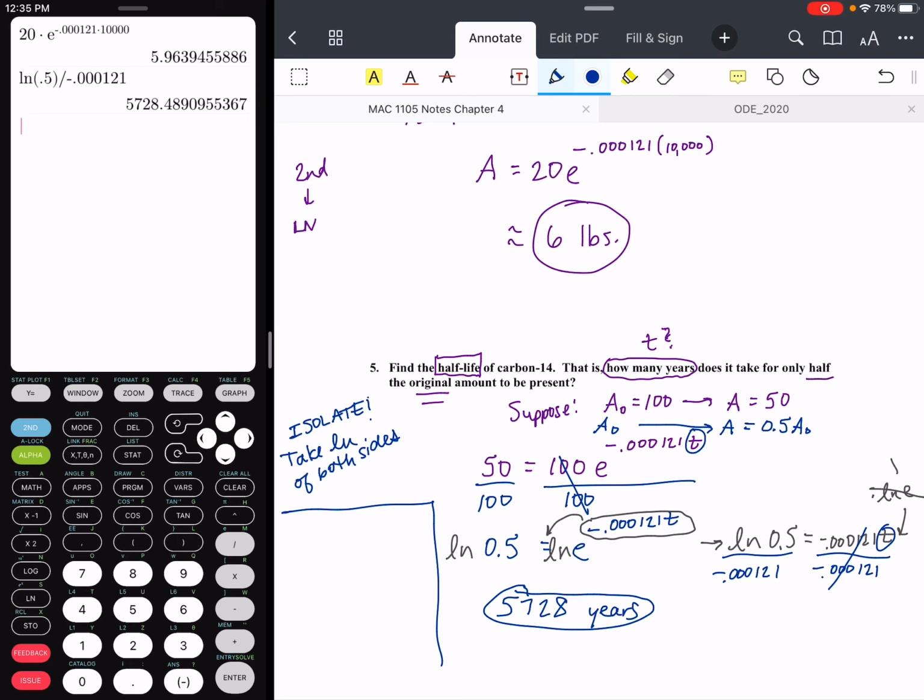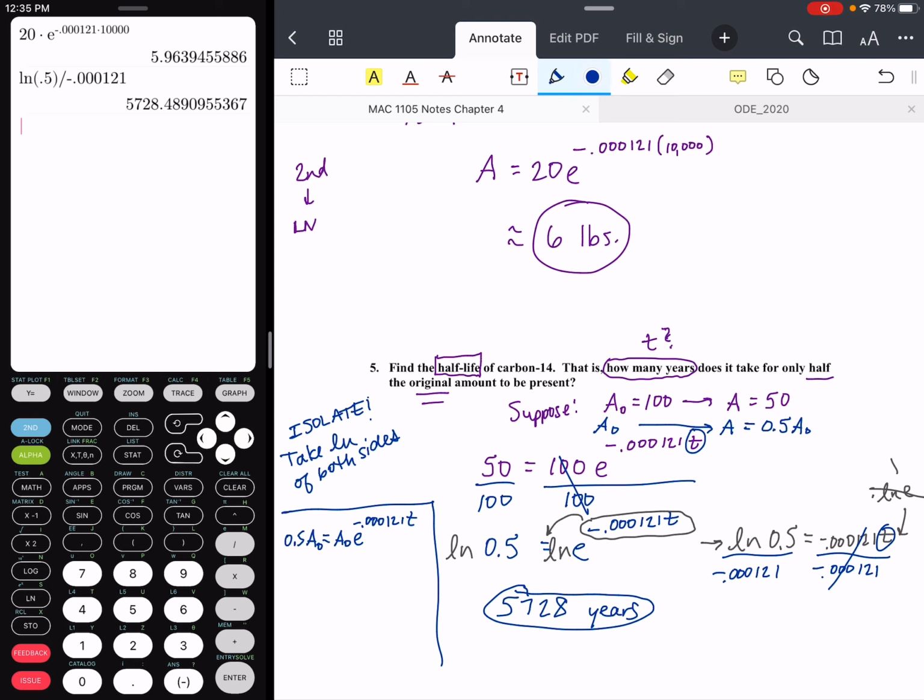So the formal way would have been, for my accumulated amount, half of A naught would equal A naught times e raised to the power negative 0.000121 t. And then I'm solving for t in the exponent.